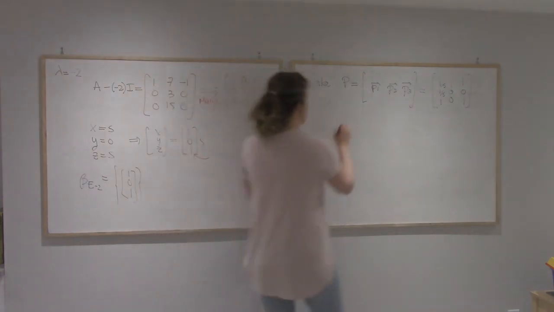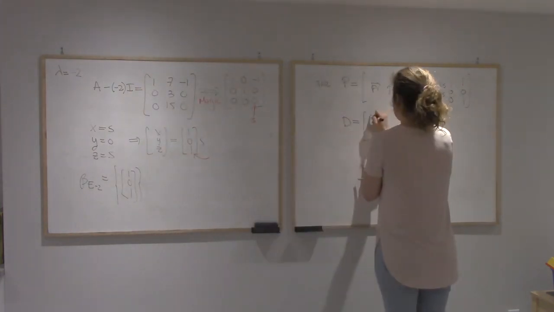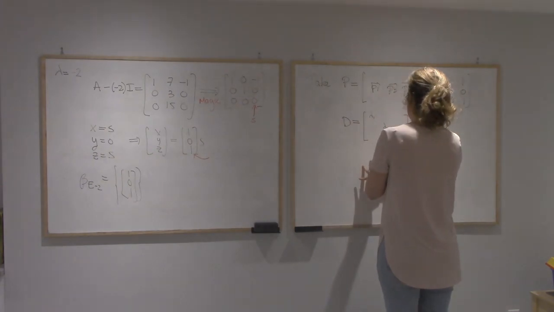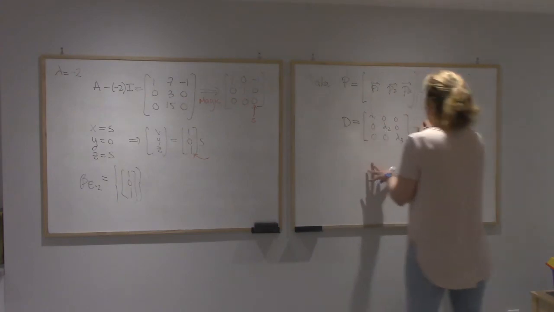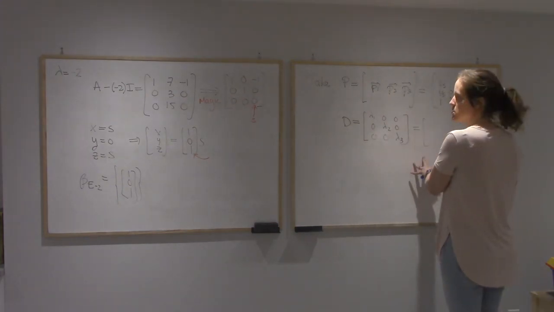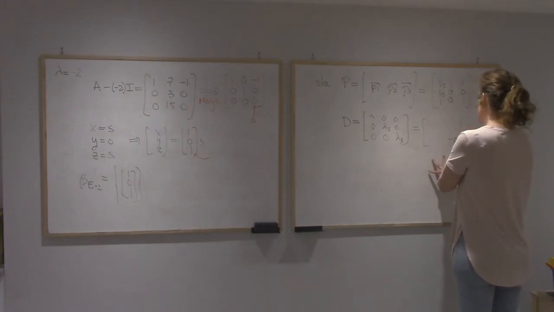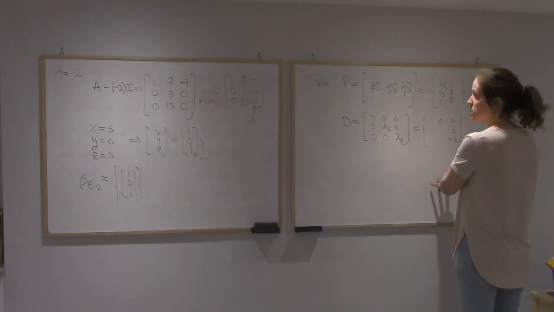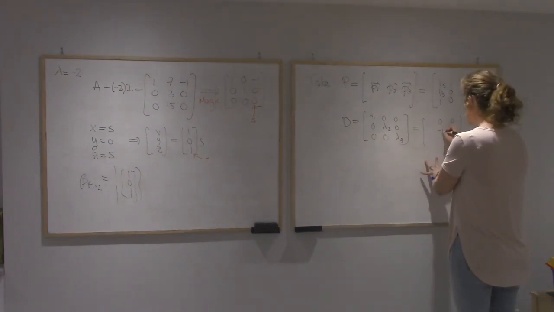And then D will have the eigenvalues on the diagonal. And so that means the eigenvalue of 1, 0, 1 is -2. The eigenvalue of 1, 0, 0 was -1.